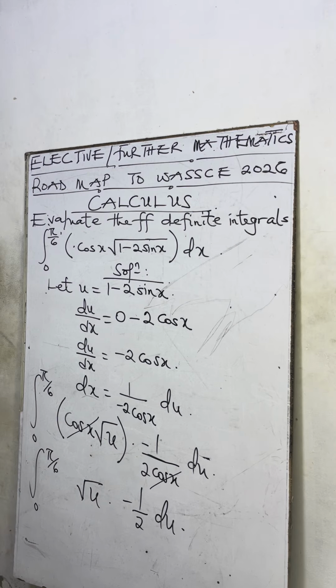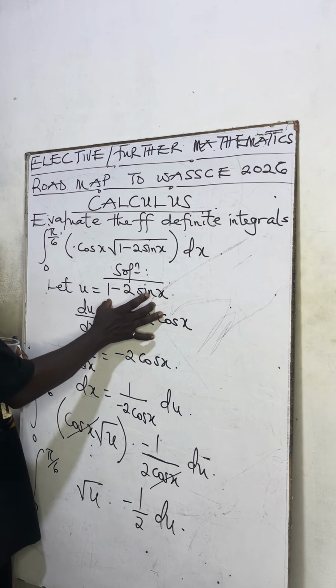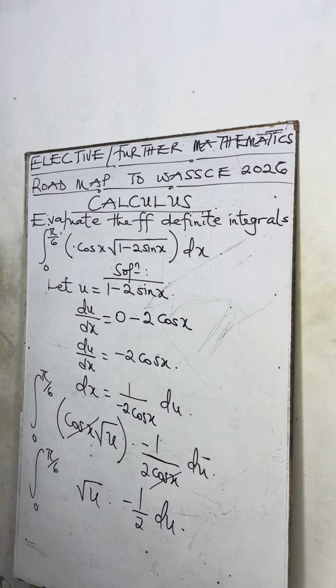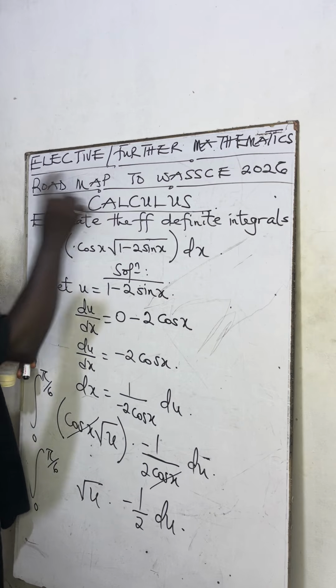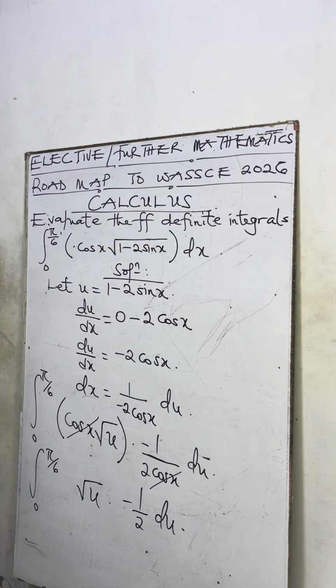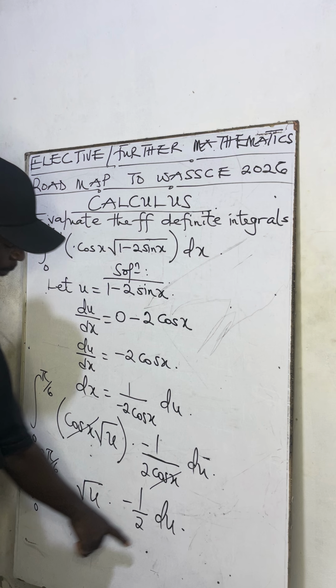So I'll be cleaning the top so that I'll get more space to solve. All right. But lest I forget, since we let u be equal to 1 minus 2 sine x, you can decide to also change the limits, because the limit given is for x, not for u, because you are integrating with respect to u.